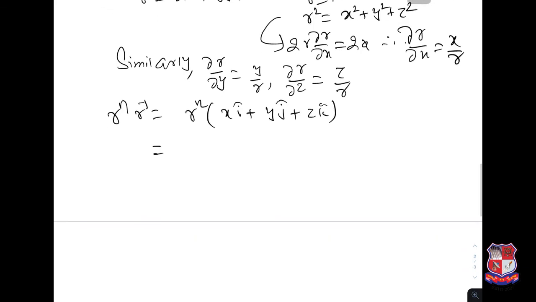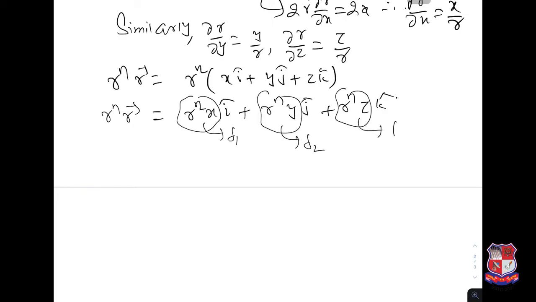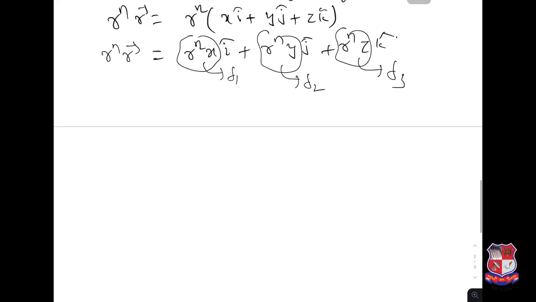So this is nothing but r power n xi plus r power n yj plus r power n zk. Now we want to take the divergence of this one. So this is our f1, f2 and f3, three components.